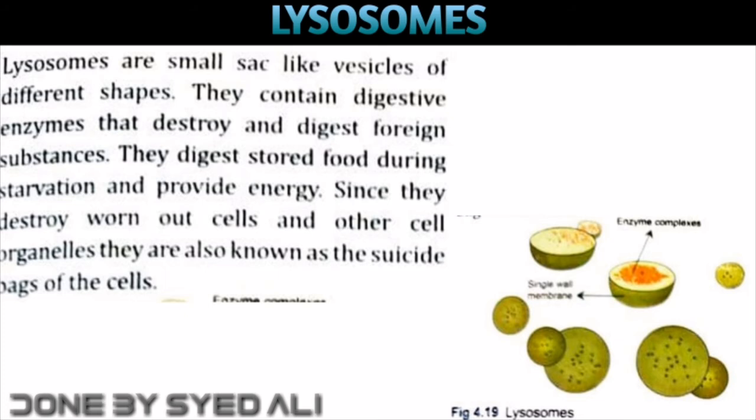They contain digestive enzymes that destroy and digest foreign substances. They digest stored food during starvation and provide energy. Since they destroy worn out cells and other cell organelles, they are also known as the suicidal bags of the cells.